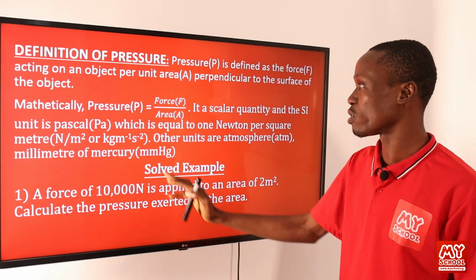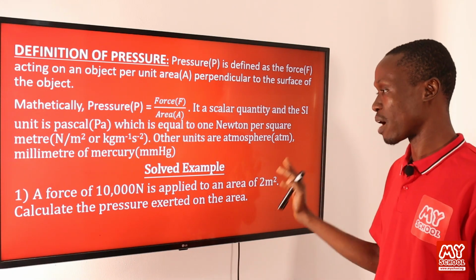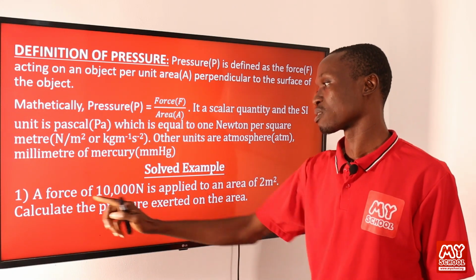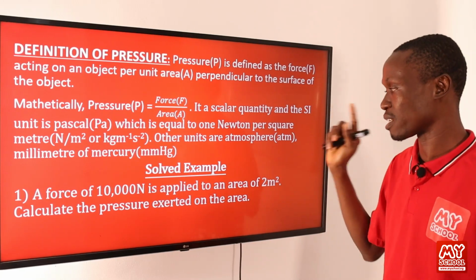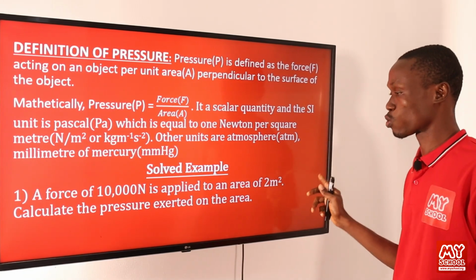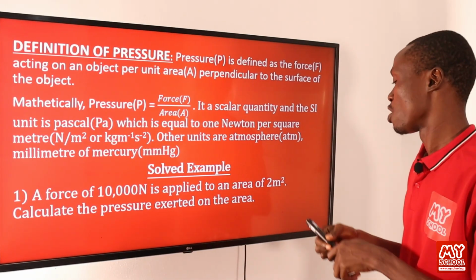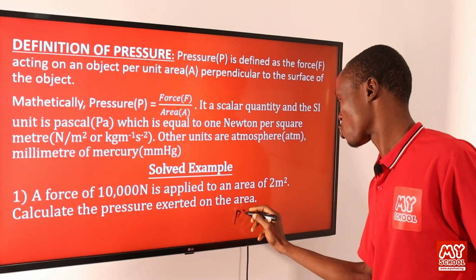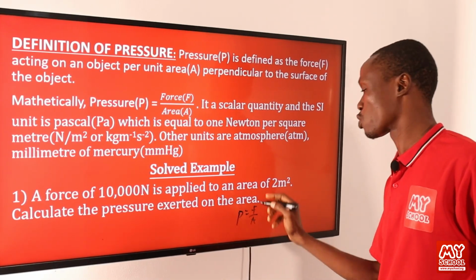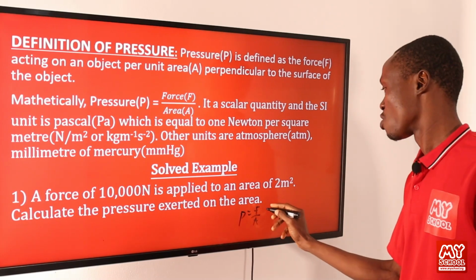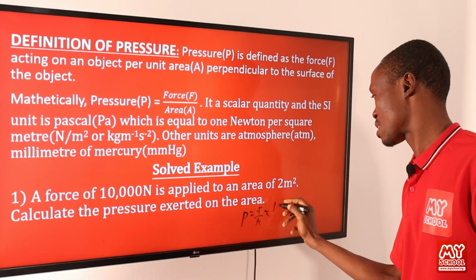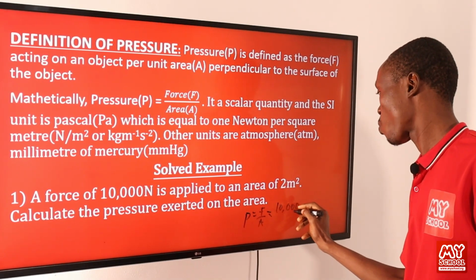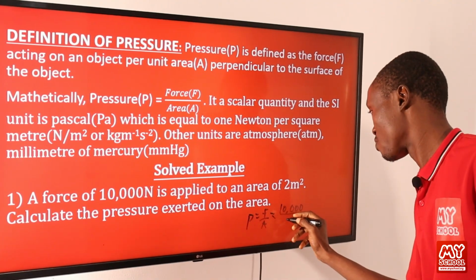Now we know that pressure is equal to force over area. In this question, we are told that force is equal to 10,000 Newton and area is equal to 2 meters square. So knowing fully well that pressure is equal to force over area, we just substitute the values that are given to us. For the force, we have 10,000, while for area, we have 2.